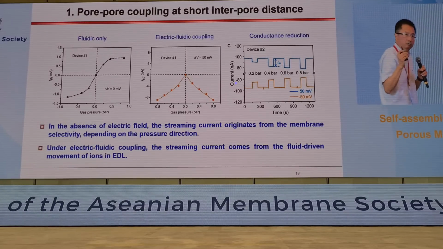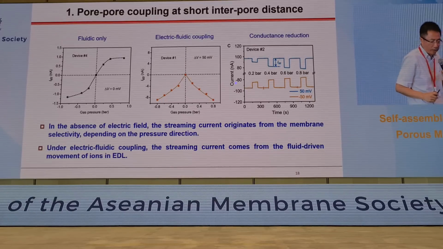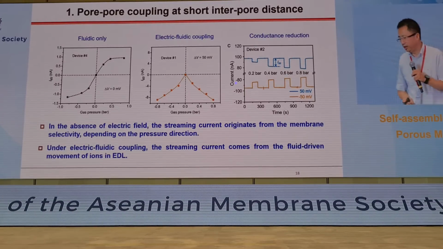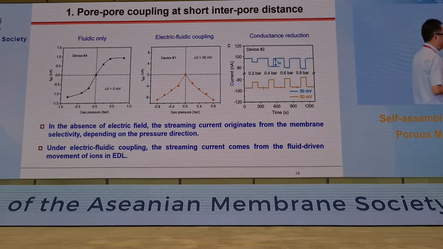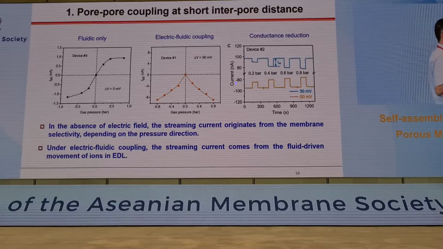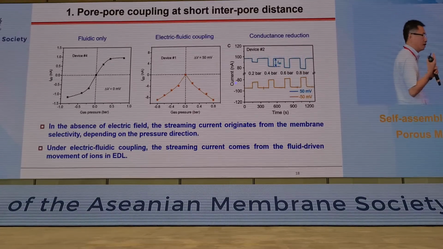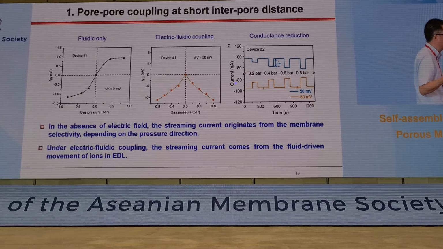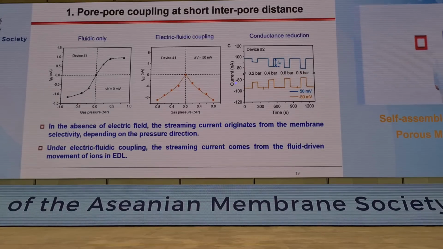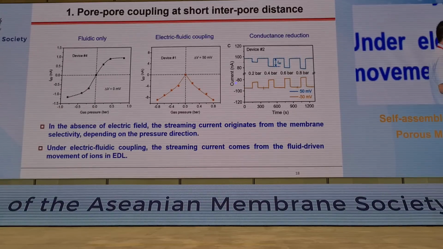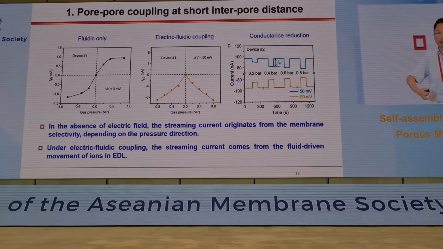Along the positive gas pressure flow, you can see the stream current increase, otherwise the stream current will decrease. However, under the electric and fluidic coupling, the stream current no longer depends on the pressure direction. Actually, it is always opposite to the electric field direction. As shown in the middle picture, you will always find a decreased stream current, whatever the direction of your gas pressure.